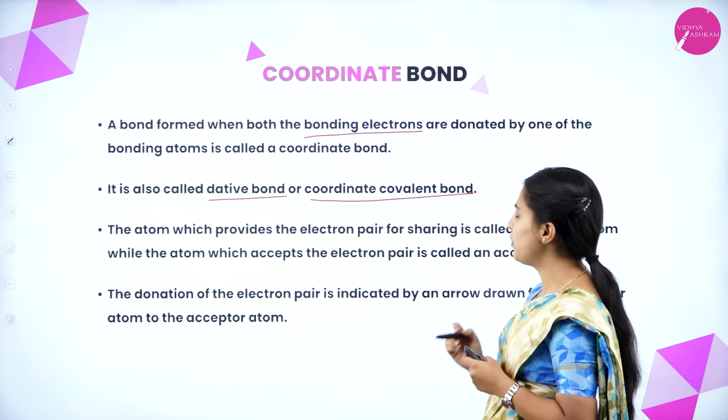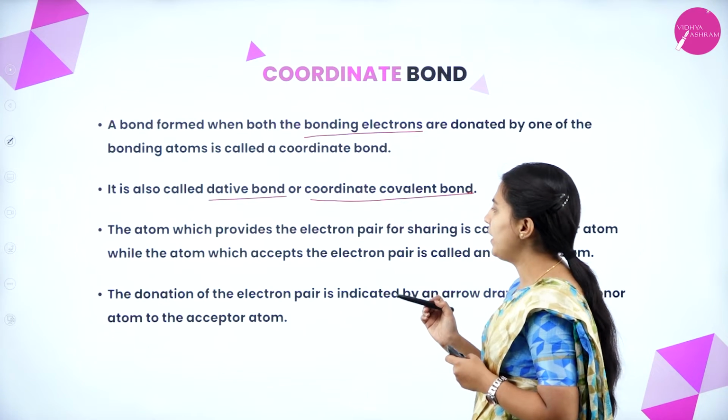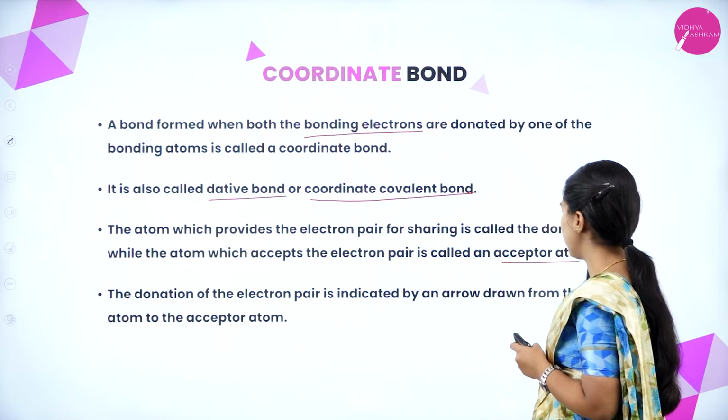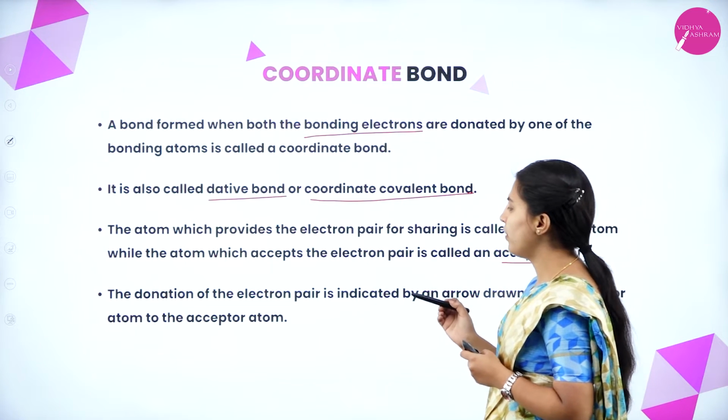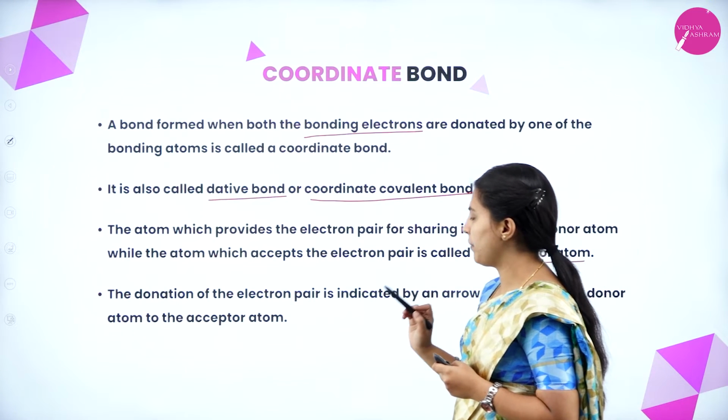The atom which provides the electron pair for sharing is called donor atom, while the atom which accepts the electron pair is called acceptor atom. The donation of the electron pair is indicated by an arrow drawn from the donor to the acceptor.